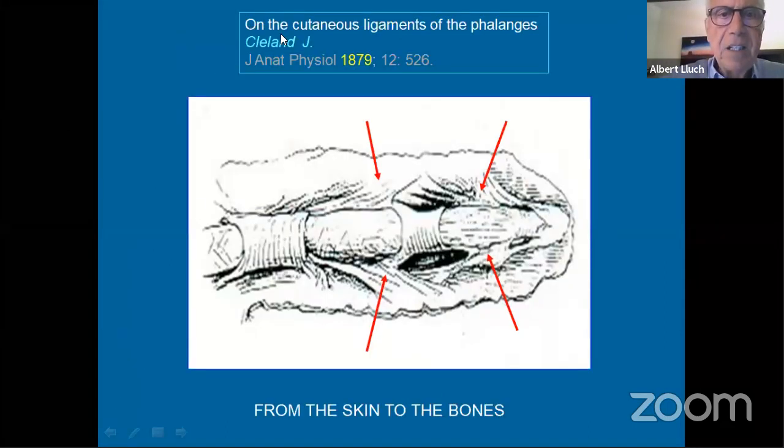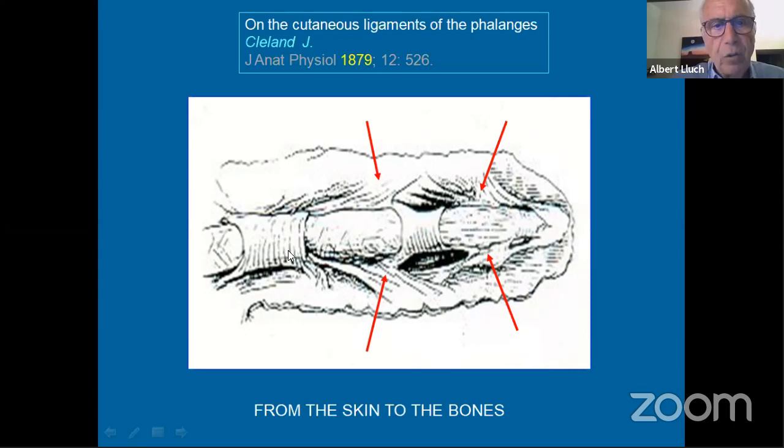Cleland described many years ago the cutaneous ligaments of the phalanges, because they go from the skin to the phalanx, to the bone. And this is a drawing from his publication. It goes from the skin to the bone. Here's the flexor tendon sheath, not very well detailed, but we can see that it does not go to the flexor tendon sheath, it goes to the bone.